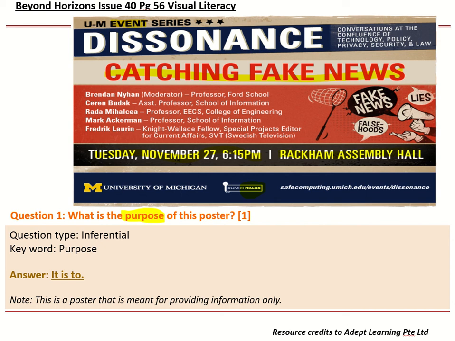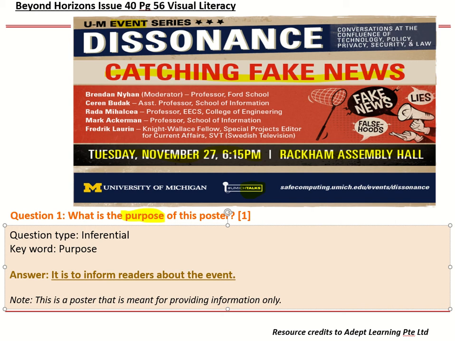So this is an information poster, right? So for an information poster, it would be to give me information. So it is to inform. Inform who? Readers. About what? About the event. What is this event about?